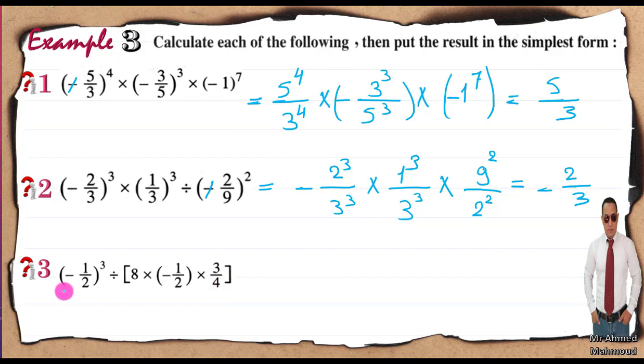in this case we have negative 1 over 2 all power of 3, so it will be negative because the power is odd, 1 power of 3 over 2 power of 3, divided by 8 times negative half times 3 over 4. This one equals negative 3.